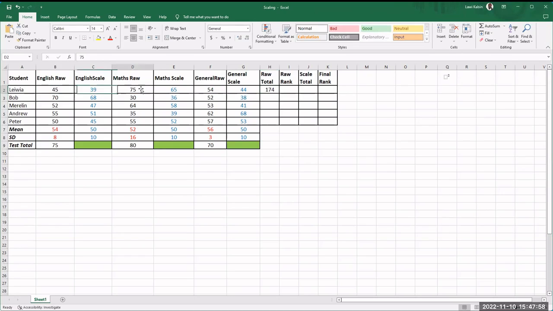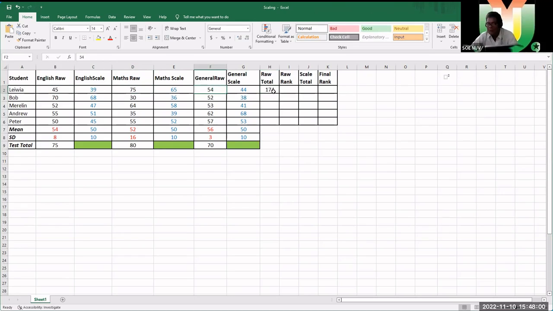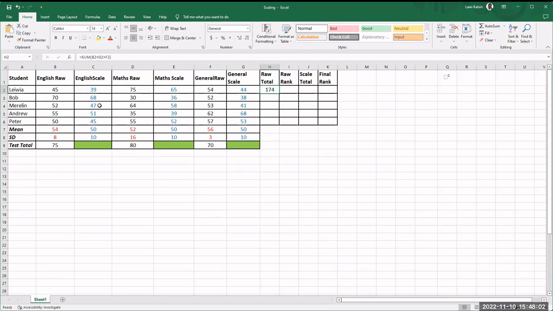Okay, all the black scores here. The total is 174. Okay, so you can see in this formula, you have equal sum P2 plus T2 plus F2 close bracket.